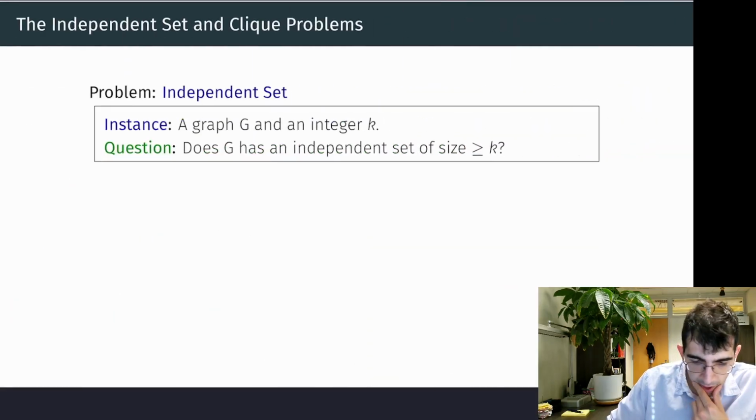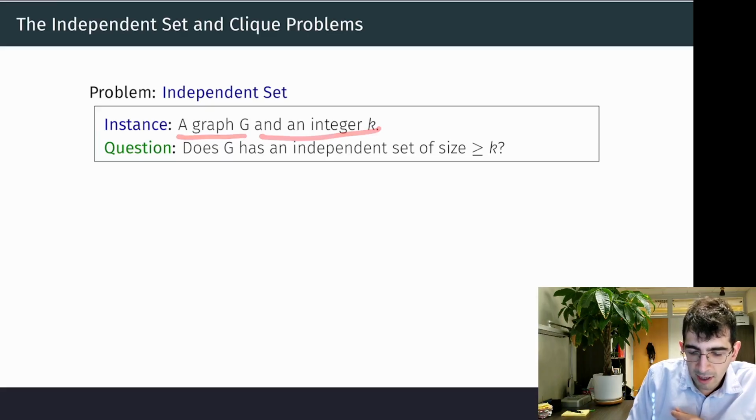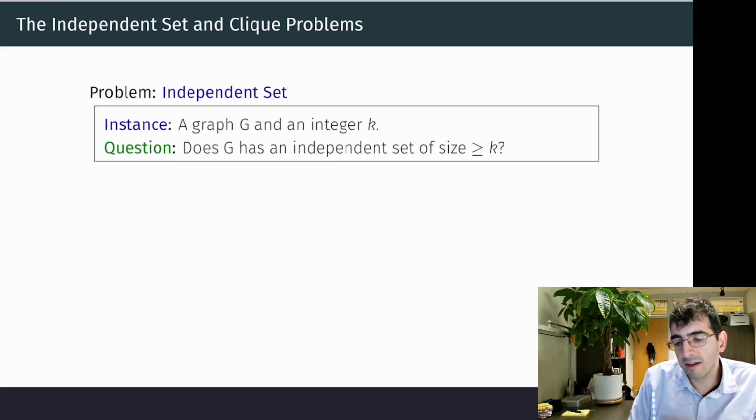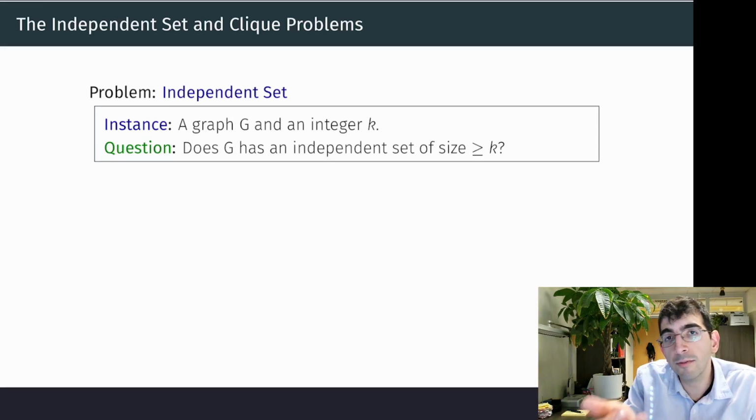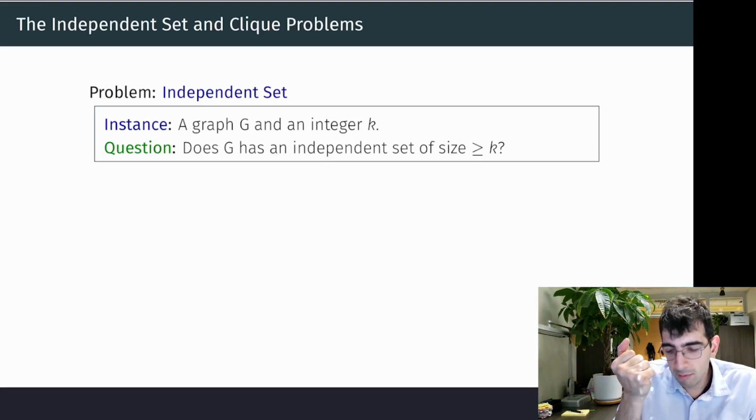Okay. So let's define the two corresponding problems. First, the independent set problem. You're given a graph G and an integer K. Does G have an independent set that is greater than or equal to K? Remember, we have to formulate these problems as decision problems, so we need to make the output yes or no. So how do we do that?